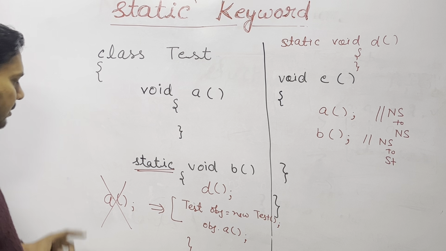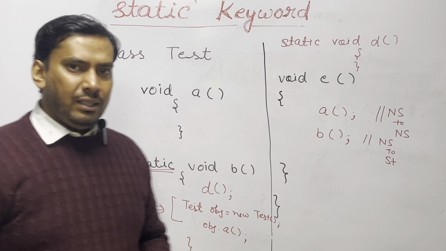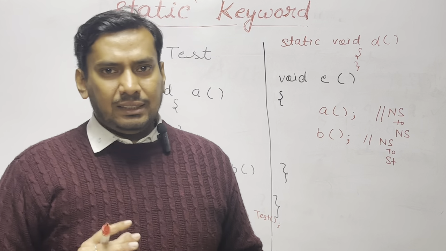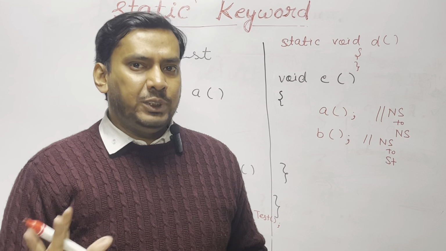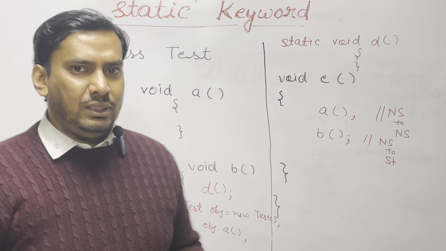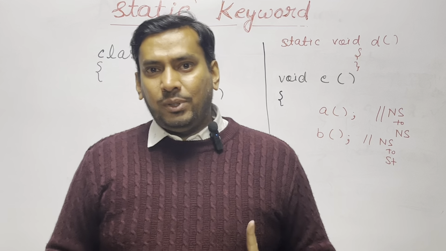So this is quite clear: if you are using a static method inside the class, static to static is directly accessible, but static to non-static you have to use the object reference even inside the same class. So this is the restriction, and please mind it, it is very important.